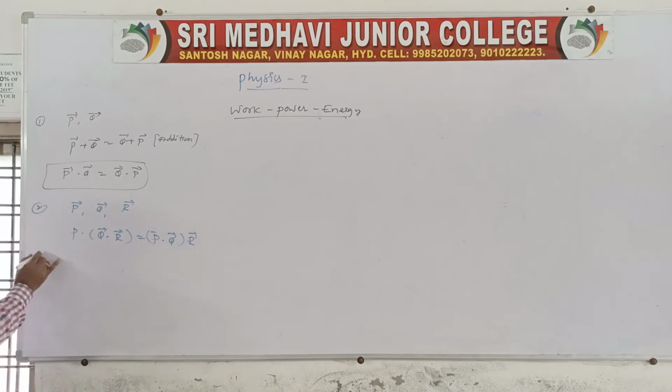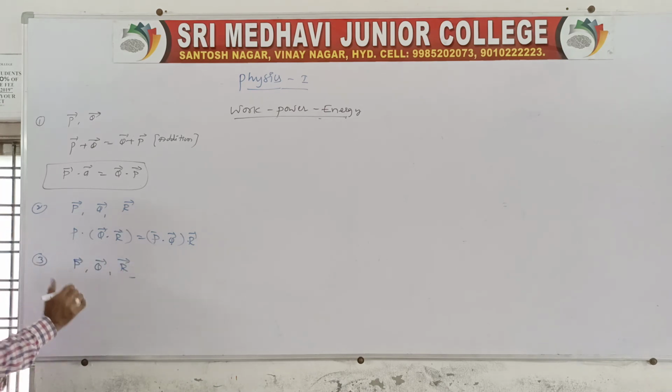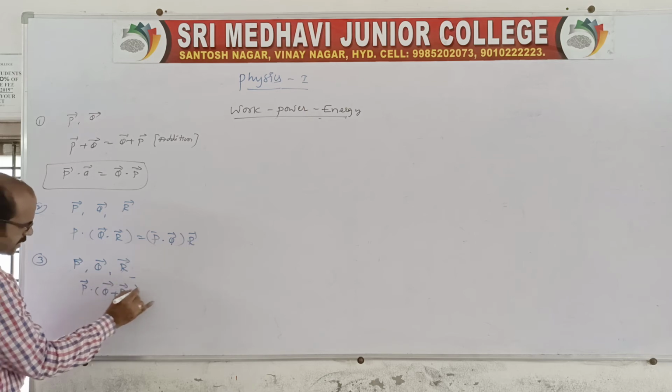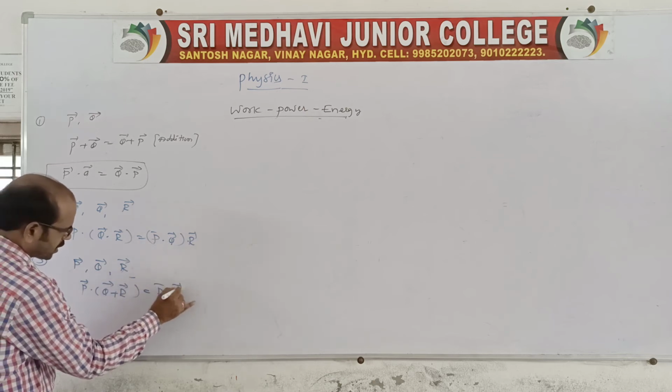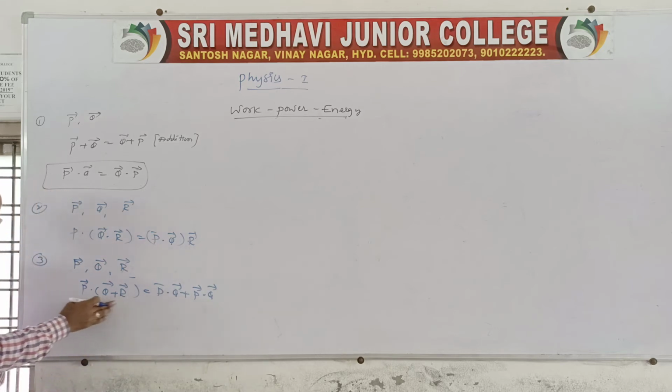And the third one is the distributive law. Again, you take P vector, Q vector, and R vector, which are three vectors. Therefore, a distributive law is nothing but P dot Q plus R is equal to P dot Q plus P dot R. Here also same. See, you add these two and multiply with this.